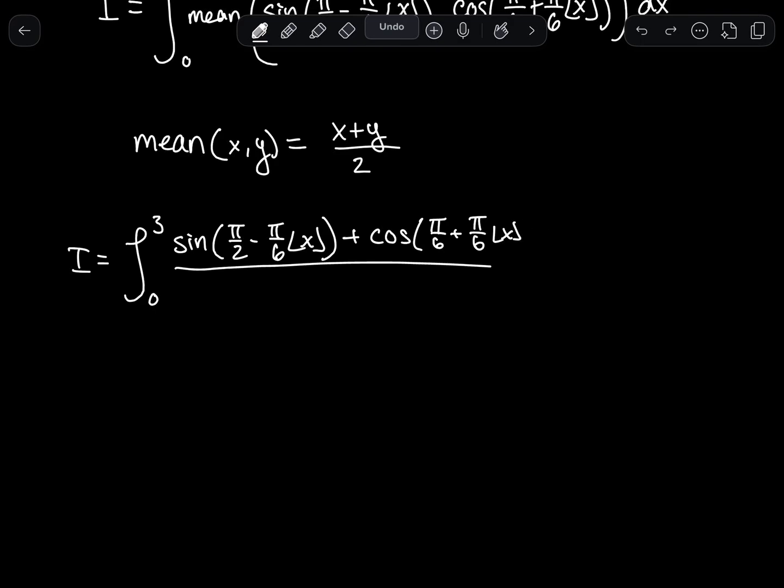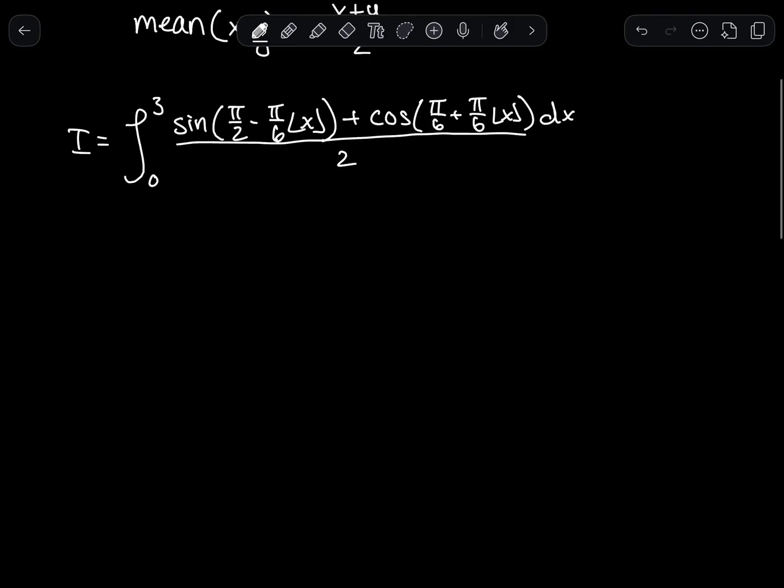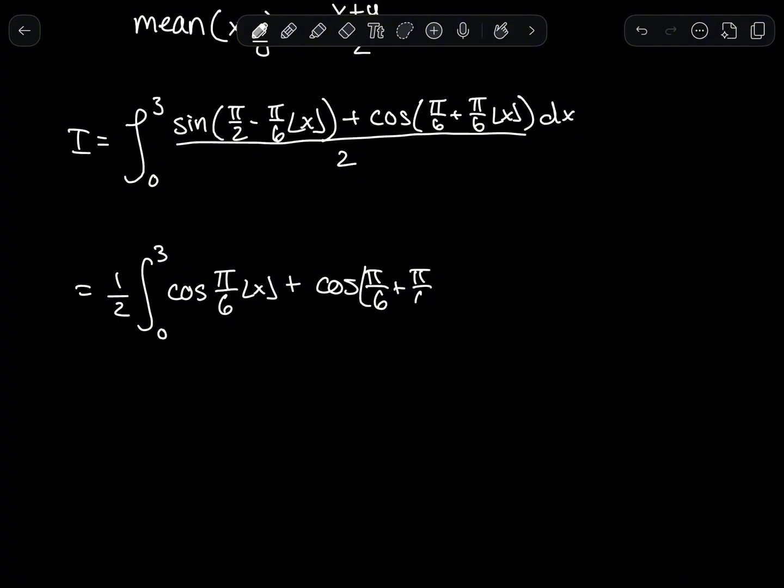Now we can take out a 1/2 and we get the integral going from 0 to 3 of, so sine of pi over 2 minus pi over 6 can be rewritten as cosine of just pi over 6 times floor of x, plus cosine of pi by 6 plus pi by 6 floor of x, dx.